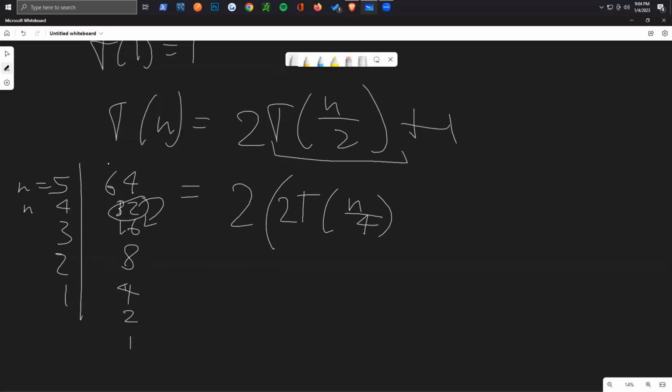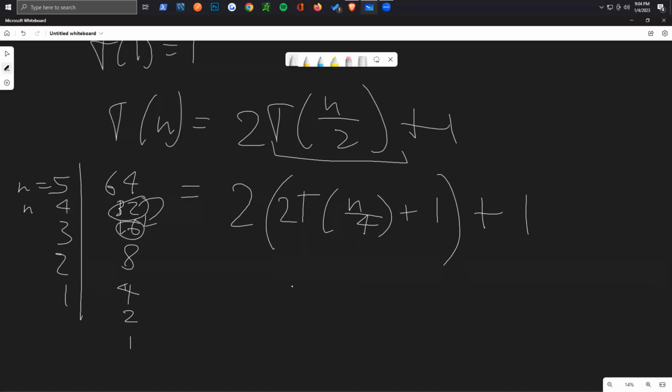If we passed in 64 as n initially, 64 divided by 4 is 16. So when we make this call, it's going to be 16 that we're passing in, which checks out with the math. And then let's just keep going from there. This term typically is going to stay the same unless it's based on n.